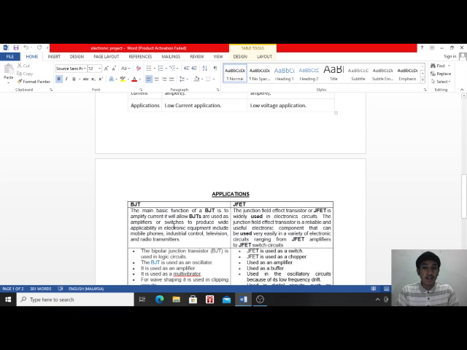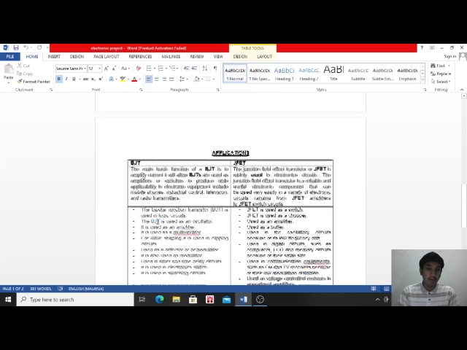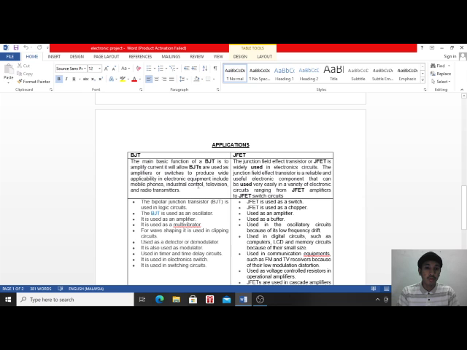The main basic function of a BJT is to amplify current. BJTs are used as amplifiers or switches, giving wide applicability in electronic equipment, including mobile phones, industrial control, television and radio transmitters.